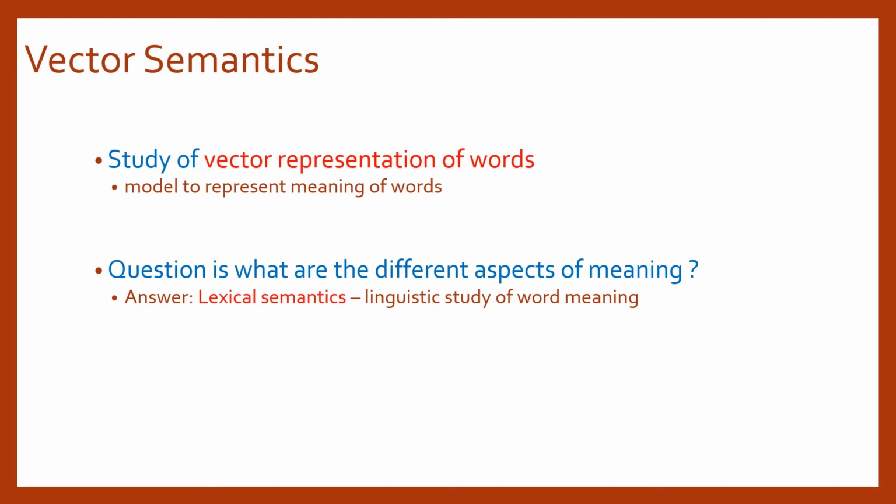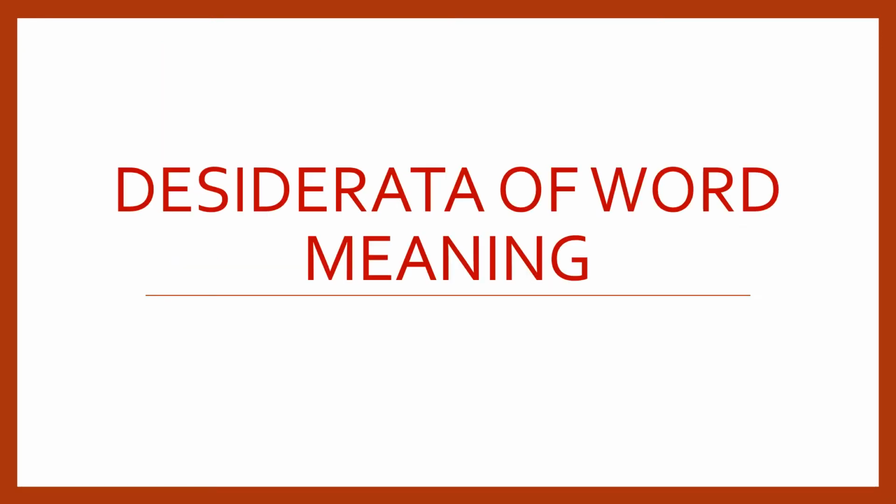We will not know what the expectation from these representations is, and how we should really evaluate them from different angles. That is why I decided first to discuss these various aspects of word meanings, and then go about discussing the methods.